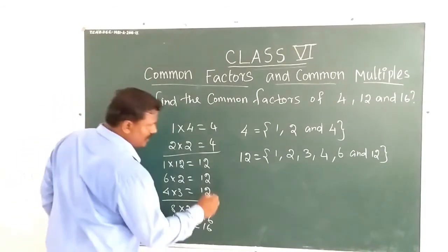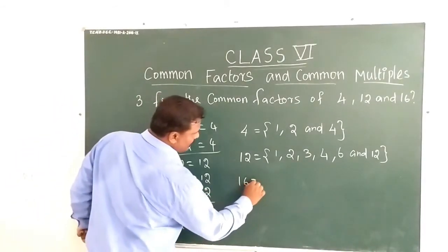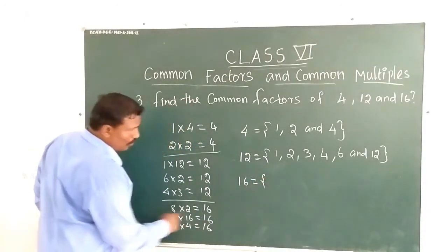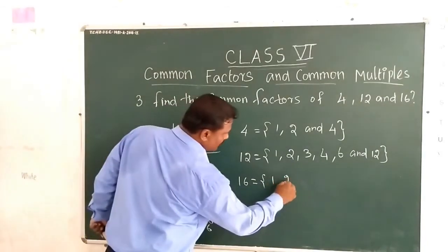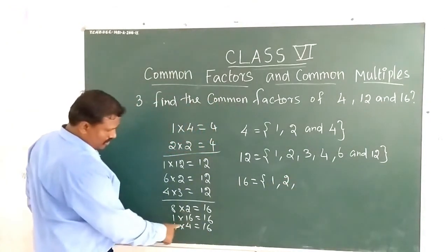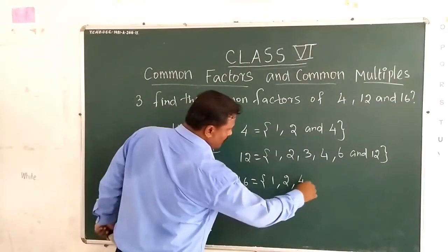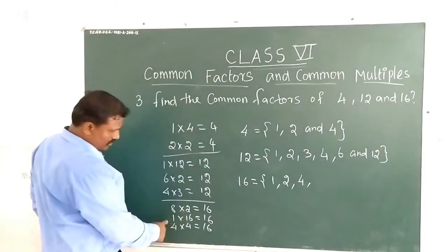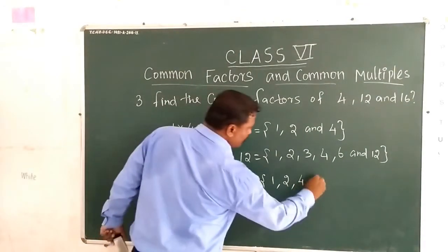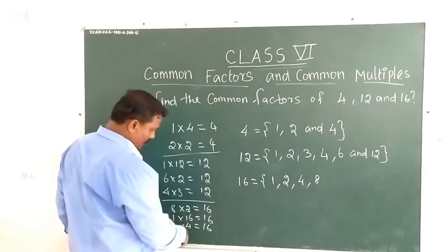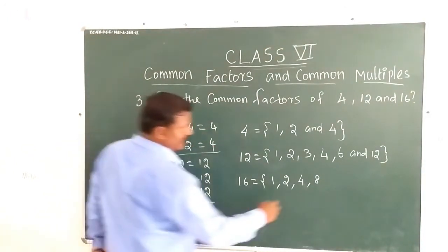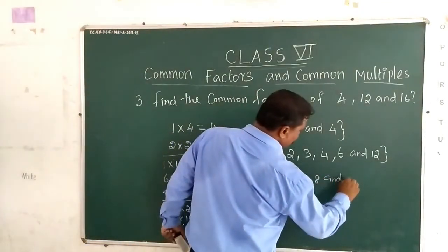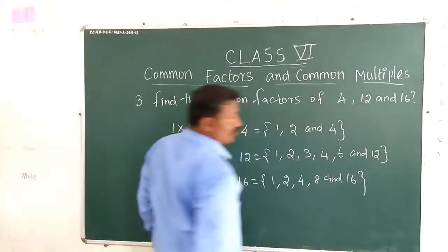Okay, this much only. So the factors of 16 are 1, 2, 4, 8 and 16.